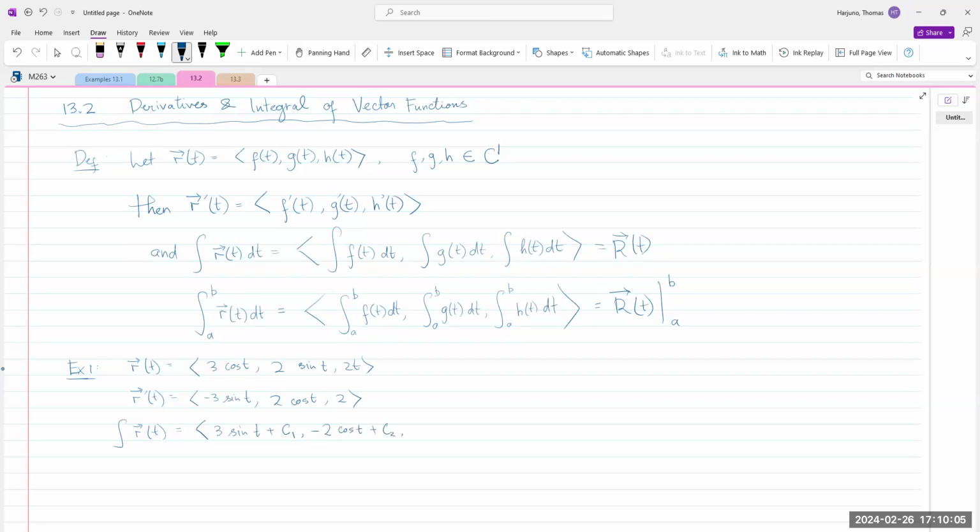Notice I use C1, C2, C3, t squared plus constant to differentiate the constants in the x, y, or z component, which of course we can simply write separately as follows, plus a constant vector C.